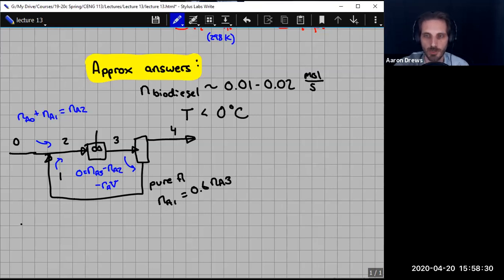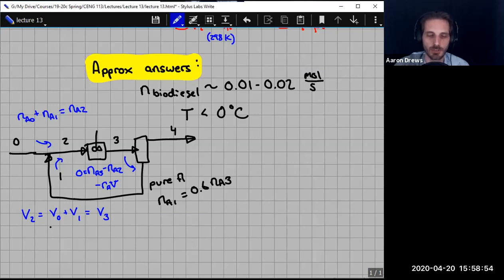The other tricky part of 2.6 is that the volumetric flow rate of 2, so the volumetric flow rate in stream 2, let's just call it V sub 2, is equal to V sub 0 plus V sub 1. And then that is also equal to V sub 3. This is for liquids, right? So all of our liquids have added up.